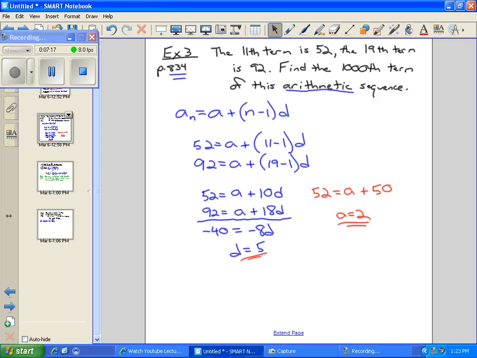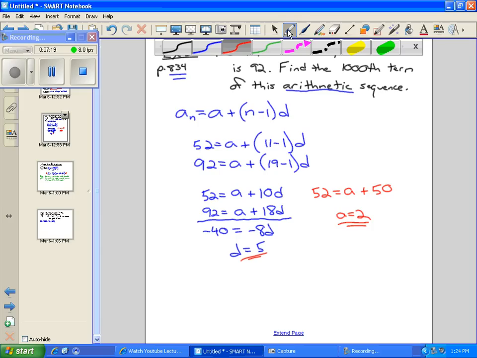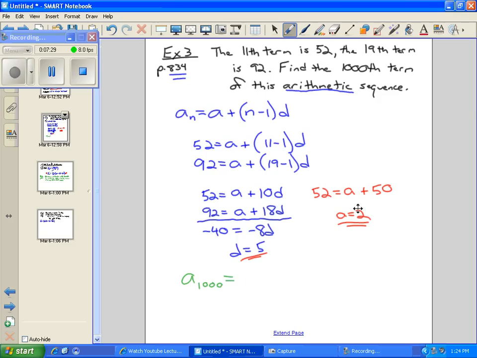Alright, let me get a little more room here so I can finish out the problem. So I know here that if I want to find the 1,000th term, A of 1,000, I know A is 2, so I'm going to have 2 plus N is 1,000 if I'm trying to find the 1,000th term. 1,000 minus 1.